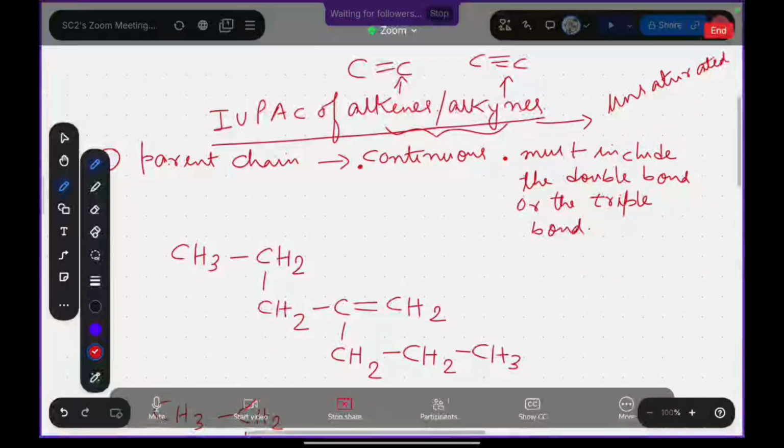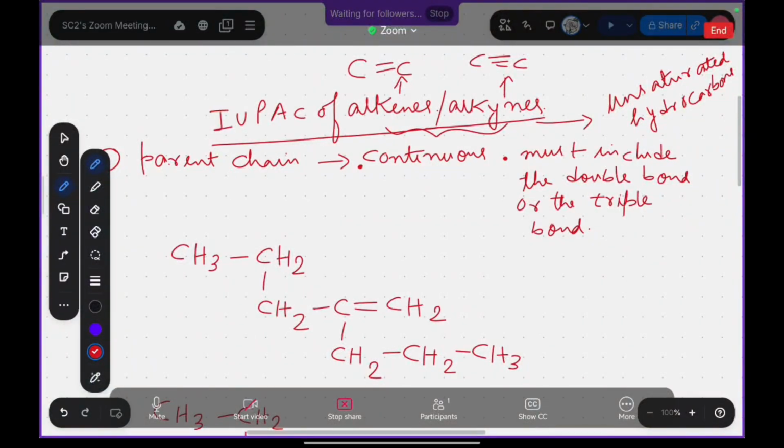So your main work for today's class is to know how to write the IUPAC name of those compounds.